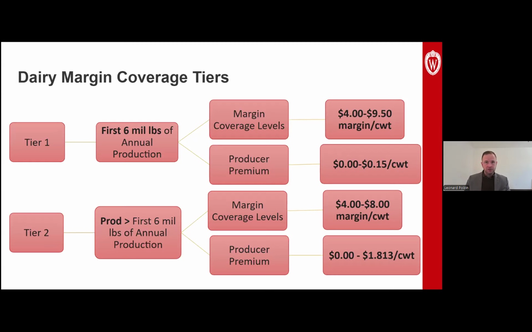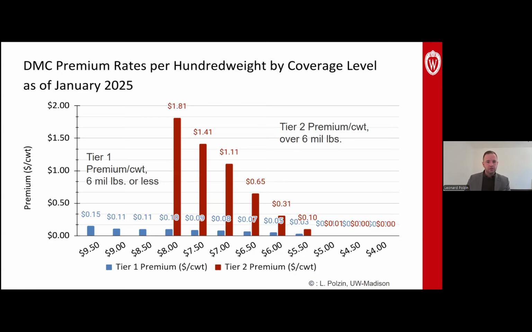And again, if you choose to cover any tier two, it's the exact same thing. It's just for the amount that is over your 6 million pounds of annual production, and the highest margin level that you can cover there is $8. Visually here, I decided to graph the premium per hundredweight of tier one and tier two.